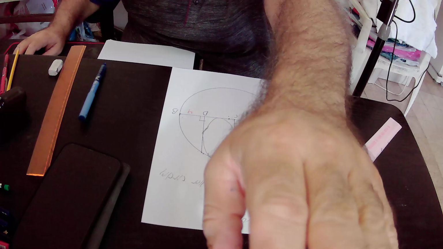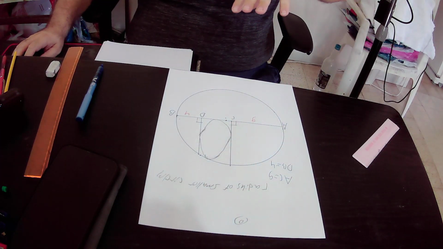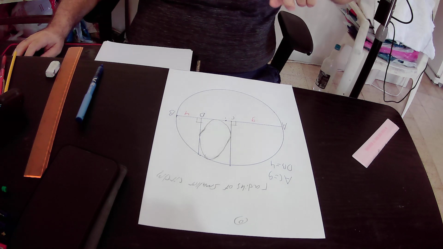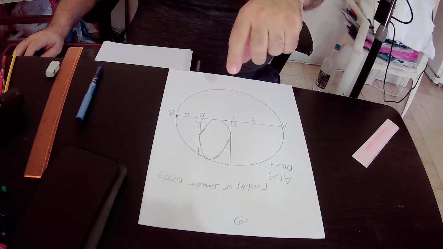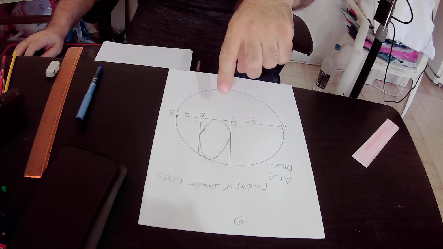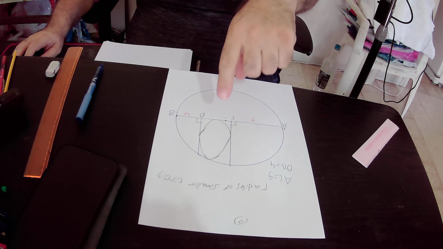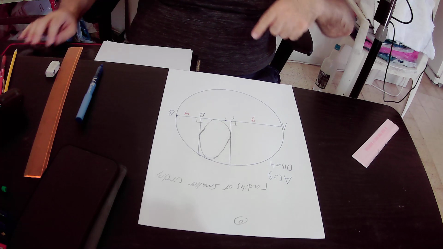In this lecture we will find the radius of the smaller circle. In the drawing we have two circles and there is an internal tangency between the two circles at this point.